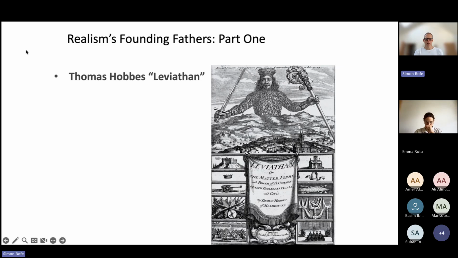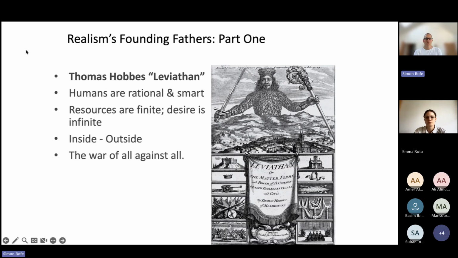And essentially, this is a book about power. It's from a long time ago. Okay, so it suggests that humans, all of us, are rational and smart, and that we have to manage resources, and we have to have more resources than other people. It is a war of all against all.